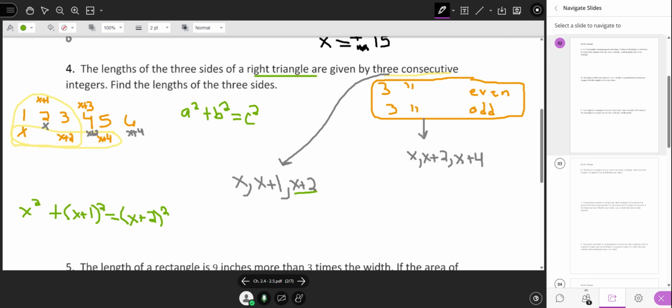Well, that one died right in a bad spot. So, when you put this ugly problem into Desmos, it gives you two answers.